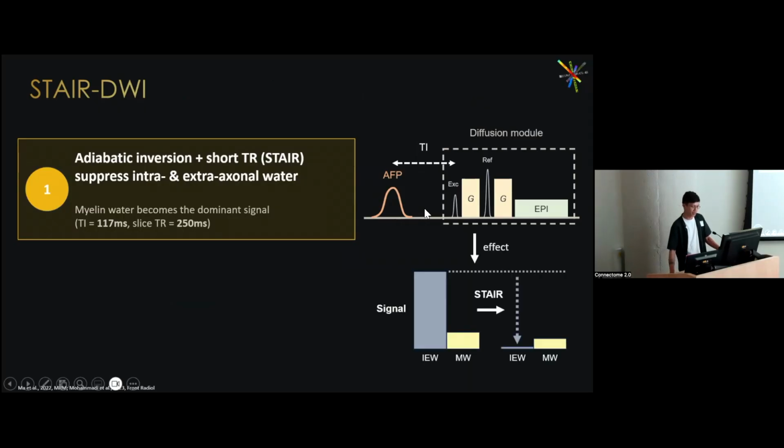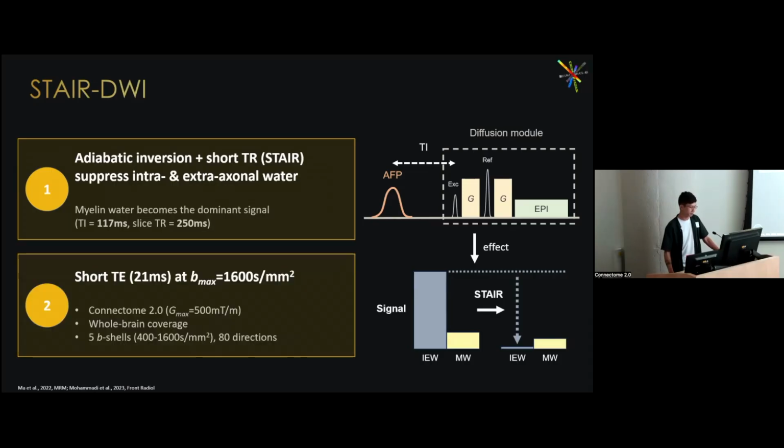The effect is that we can suppress the long T1, T2 intra-extraaxonal water while leaving most of the myelin water unchanged. So we can focus more on the diffusion of myelin water.